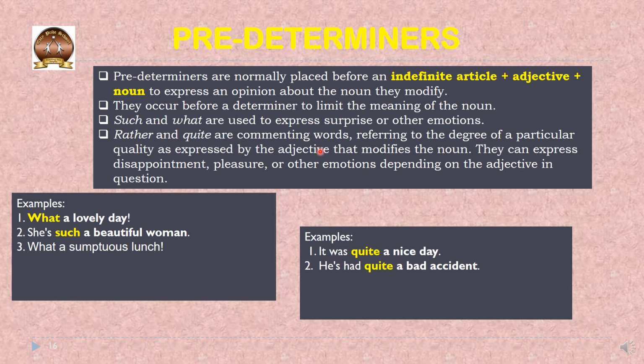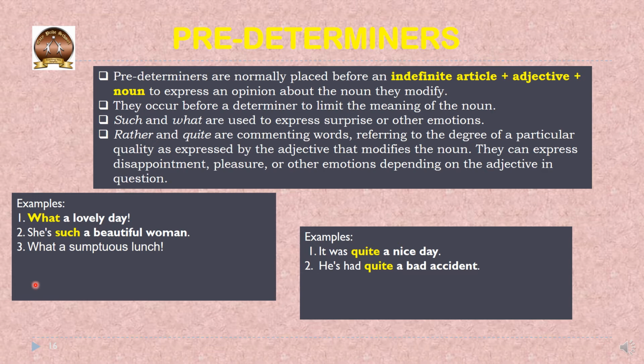Just see the usage of predeterminers. What a lovely day. So here, "a lovely": "a" is the main determiner and "what" has been used before the main determiner. So, what a lovely day. So predeterminers are normally placed before an indefinite article plus adjective or a noun.